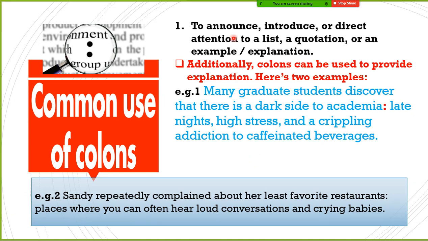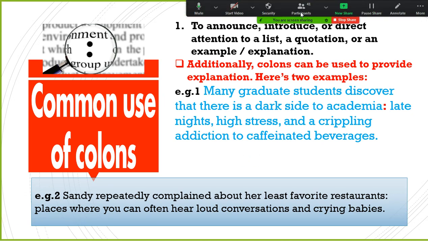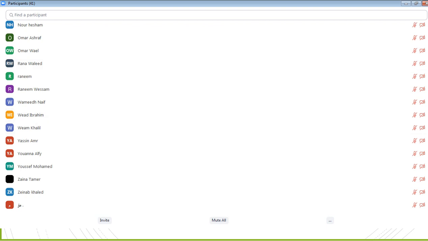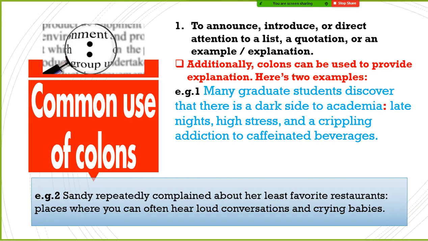Another example, can you read it? Rana, are you there? I don't want to consider you absent. Rana? Okay, Raneem Wesam, read it. Yes, miss. Read the second example. Sandy repeatedly complained about her least favorite restaurants: places where you can often hear loud conversations and crying babies.